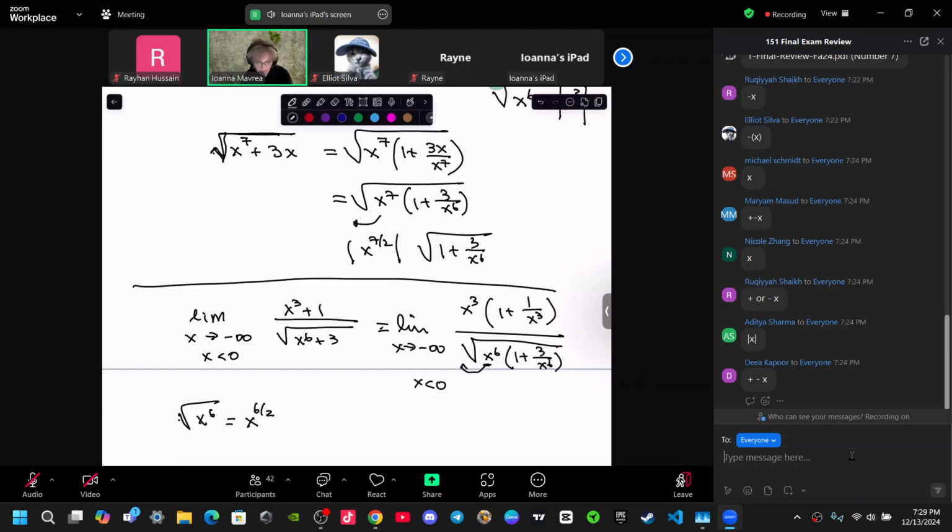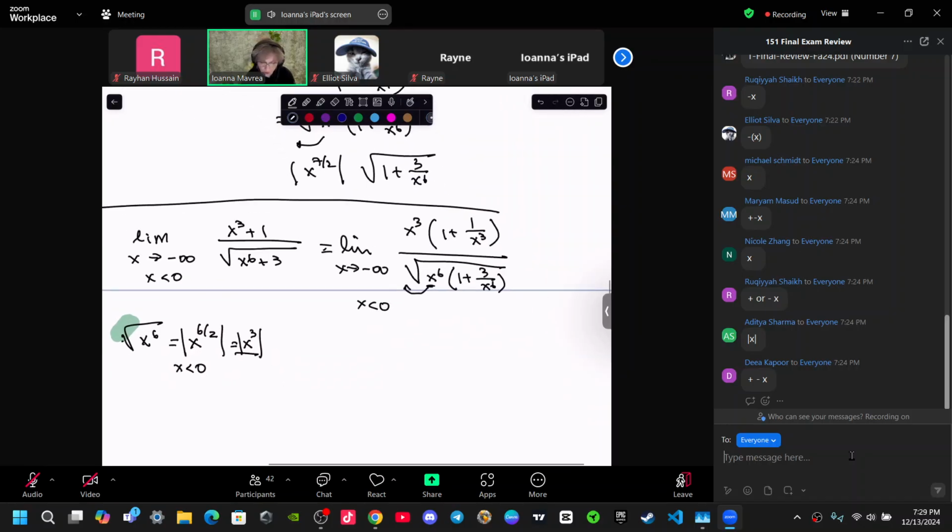Initially, it's incorrect. And then I realize, wait a minute, the x was negative. This could be a negative number. But wait a minute, this is an even root, a second root, that's an even number, so it does not allow negative numbers. X to the 3rd could be negative, so I really have to stick absolute values around that.